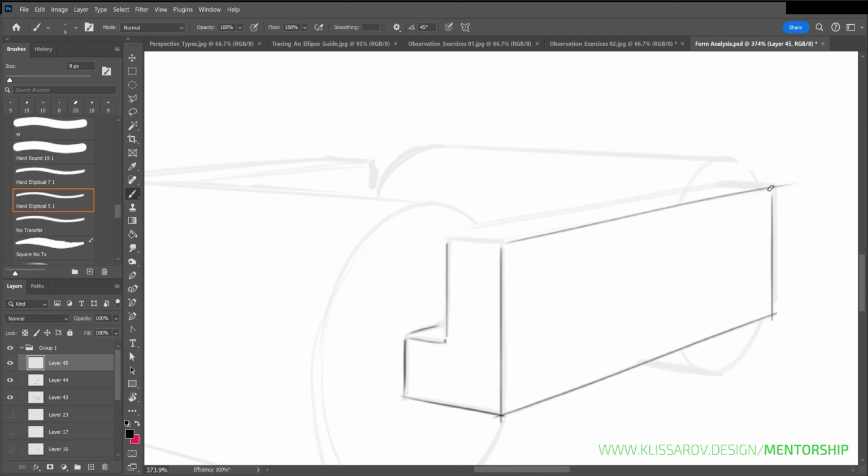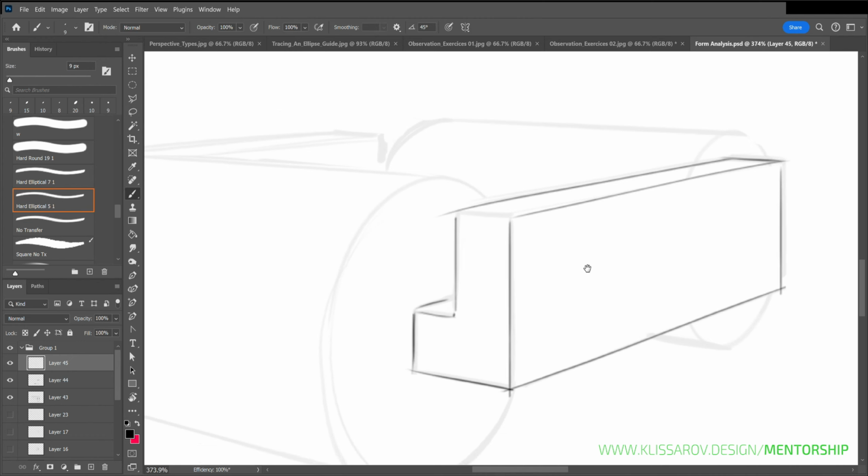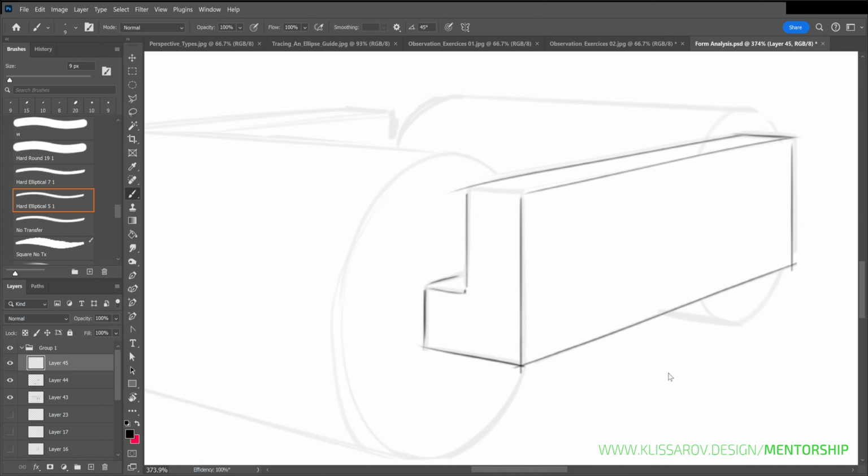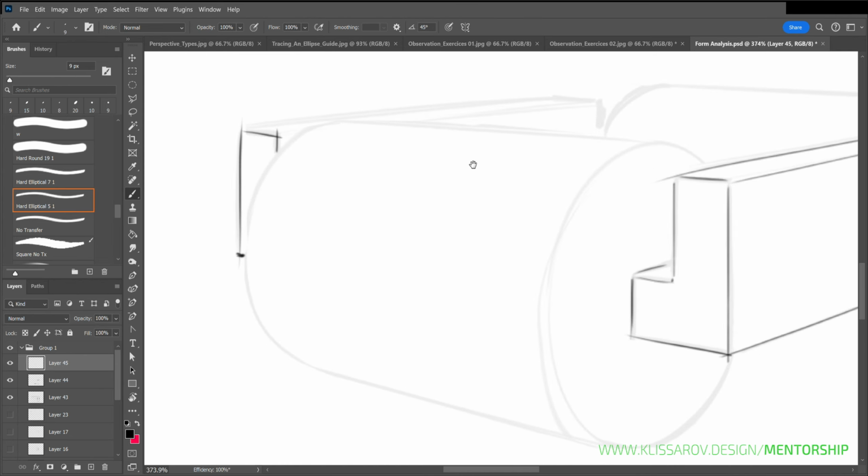Okay, this one was maybe not necessary to go through, but I think it's still important to showcase which lines. Okay, like that.